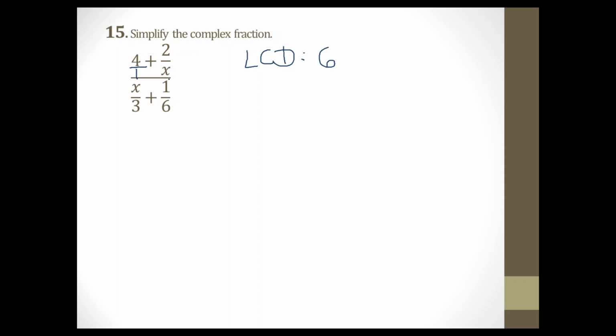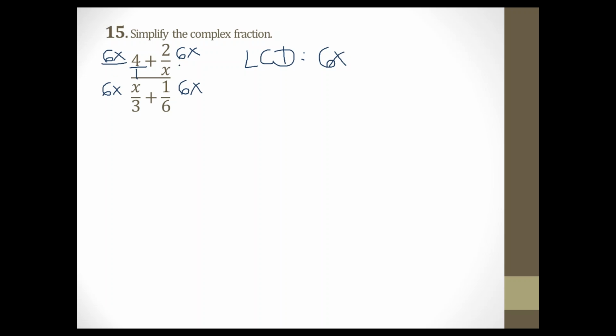But then we also have an x, so that is part of the least common denominator. So now I have to multiply each individual term by the least common denominator. I'm going to multiply everything by 6x.